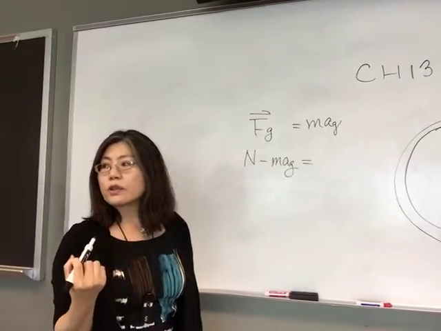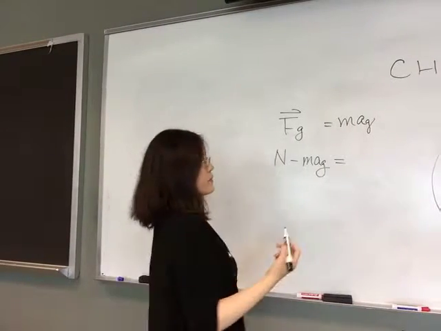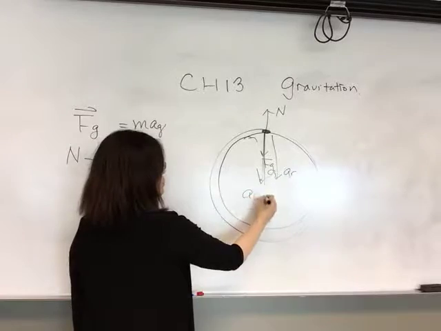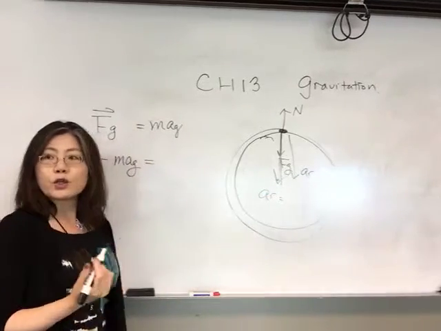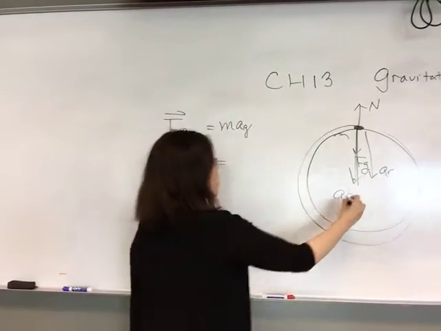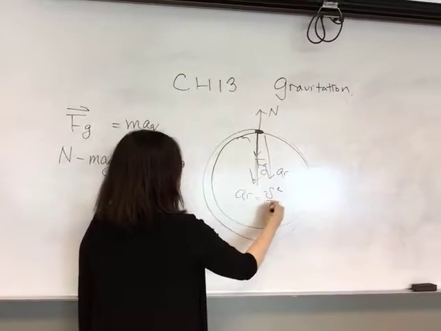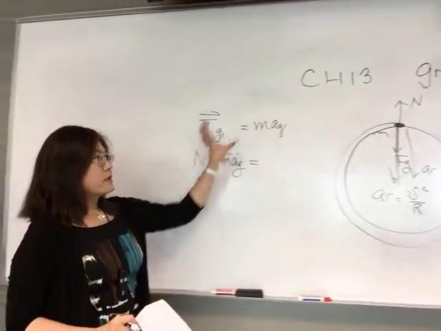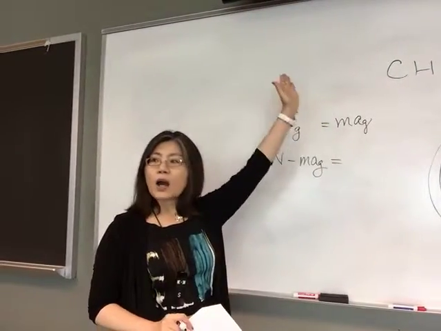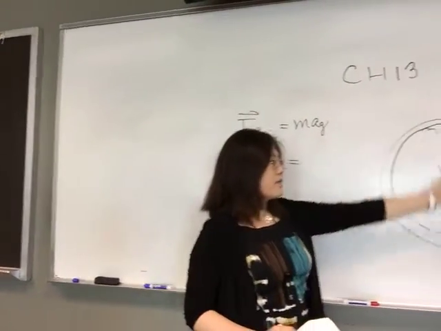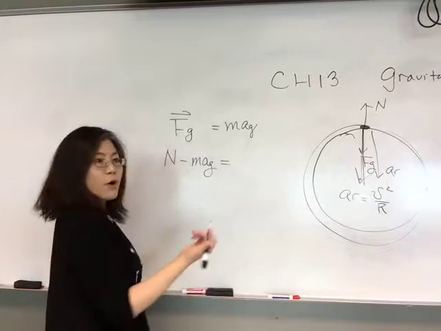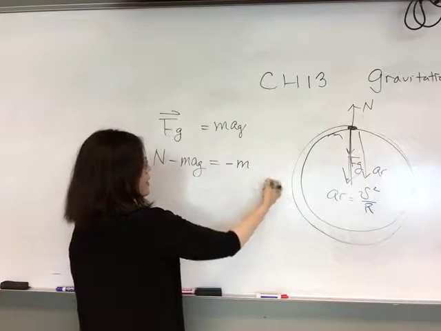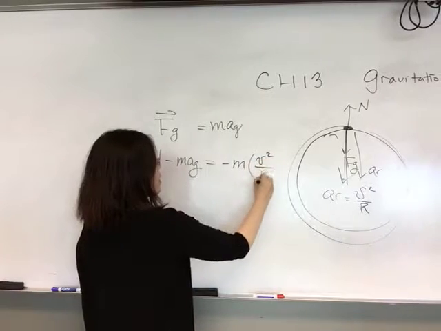What is the magnitude of the centripetal acceleration? It is equal to v squared over r, right? And because we take the positive to be upward, this is downward, so they differ by a sign. So you have negative mass times acceleration, and that acceleration is v squared over r.